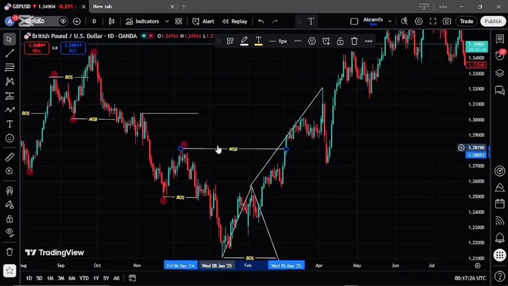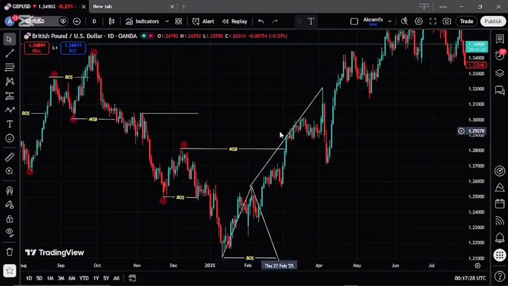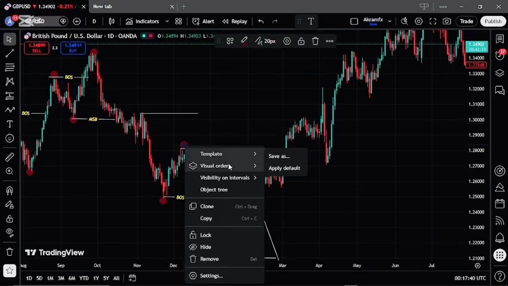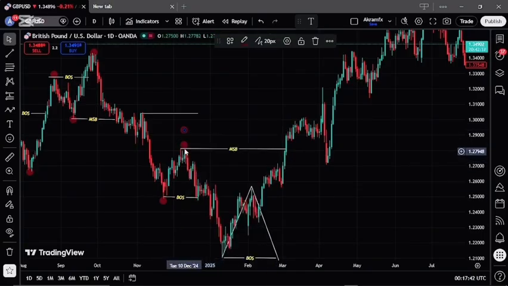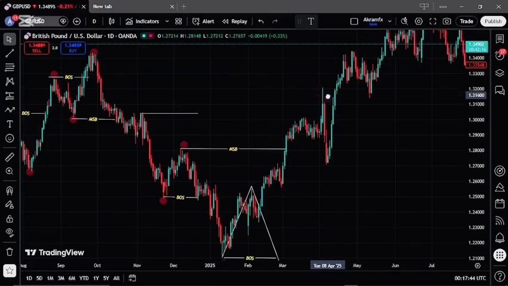The moment you have a market structure break, immediately know that the government is changing. We've been selling, now buyers are coming into control. However, after doing this, we wait to form a higher high.